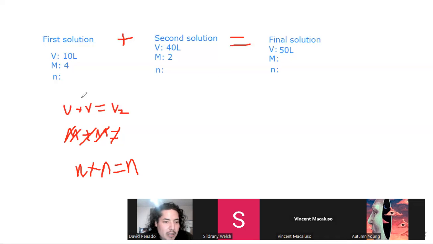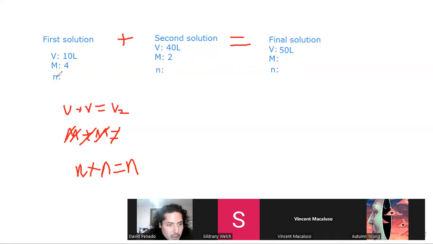So the only thing that gets added to the final solution would be volume plus volume, which gives 50 milliliters. Moles and moles can be added together to get the final solution. But molarity does not get added, because molarity is a concentration of water with the substance.